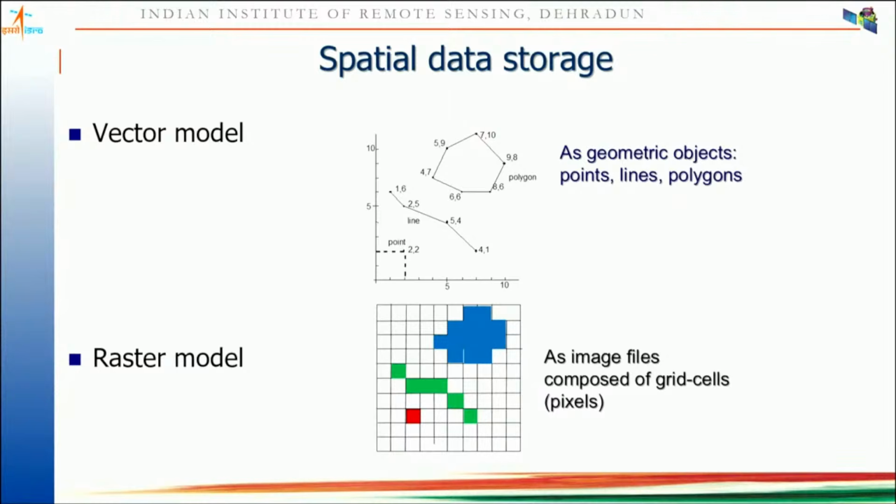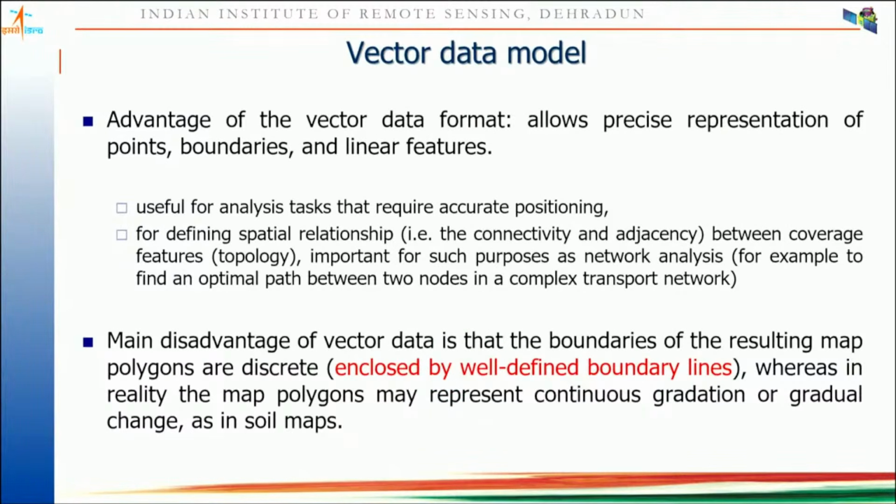Now I will not go into detail on vector and raster data, because it was already discussed in the last module, the GIS data module, where we discussed what vectors and rasters are. In the vector data model, you use three geometries, point, line and polygon, to represent your geographical features. In the raster data model, you use the picture element or pixel to represent the geographical features.